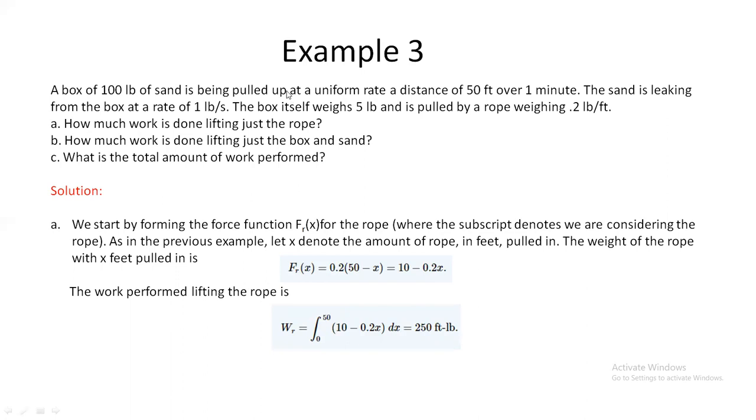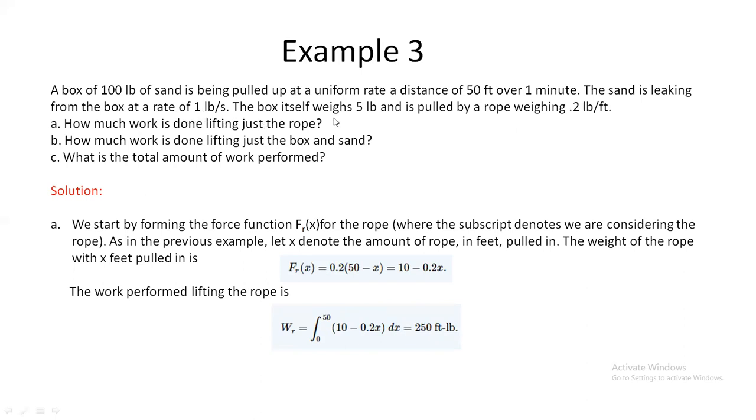So just like the rope, it's to be pulled up at a distance of 50 feet given the time only of 1 minute. The sand is leaking from the box at a rate of 1 pound per second. It tells us that the box must have some hole in it. Why? Because the sand as the box is being pulled up is leaking at this rate.